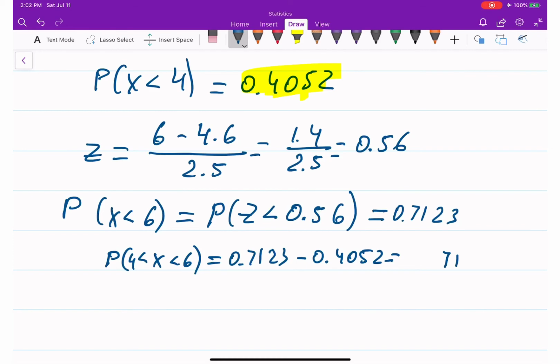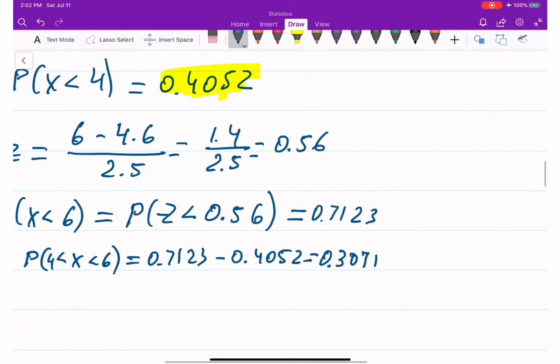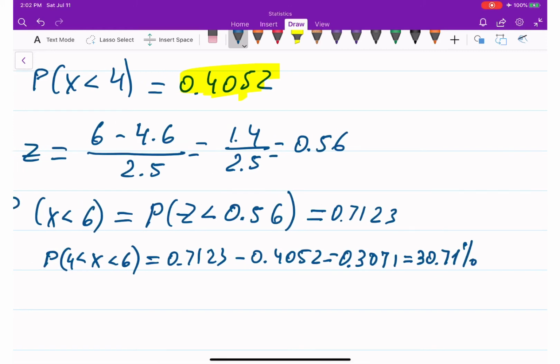Here it's going to be 0.7 minus 4 is 3. And we get 0.3071, which is going to be 30.71%. Okay? 0.3071. All right.